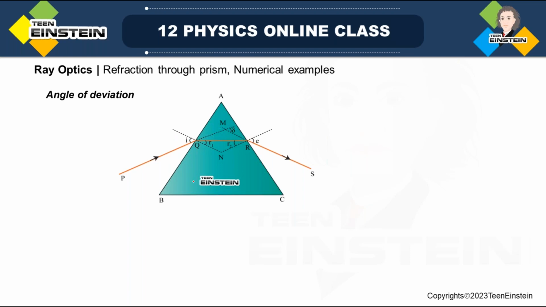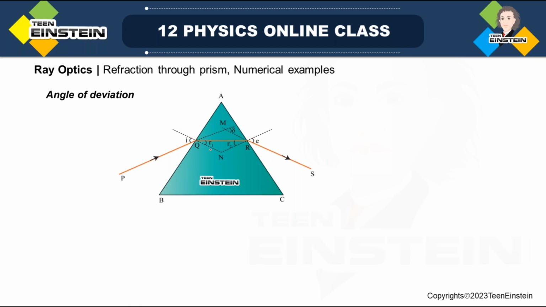Before I explain what the angle of deviation is, let me explain this figure. As I said, we have taken a principal section ABC, of triangular shape, right? AB is one of the two refracting surfaces, and AC is the other one. Now, if a light ray enters or refracts here at the AB face, look, this is the angle of incidence.